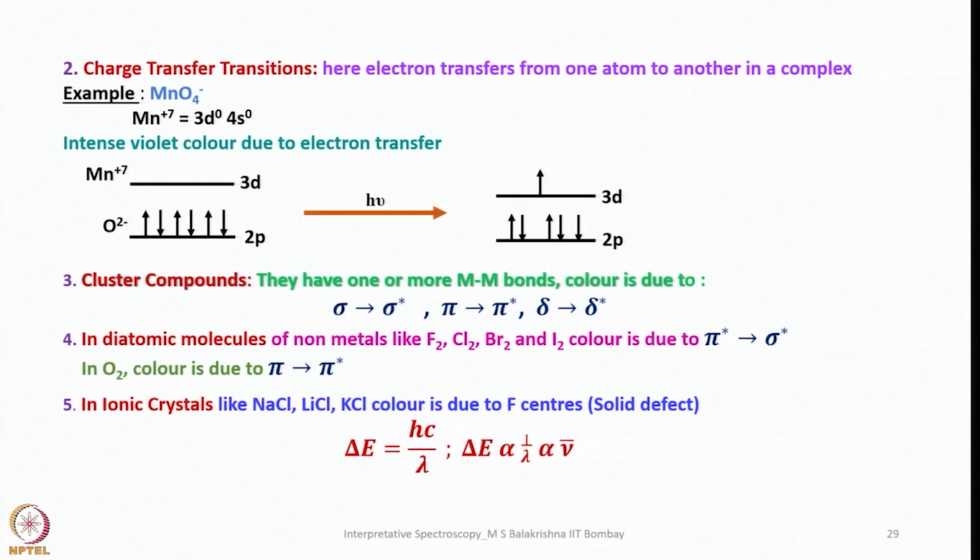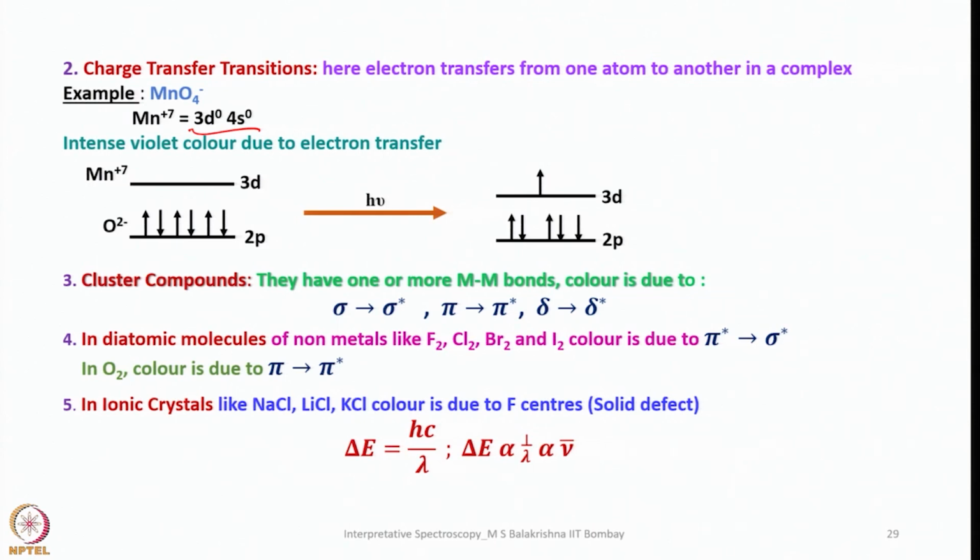So 3d0 and 4s0. So if this compound, potassium permanganate, is intensely colored, you can rule out d-d transition, because we don't have any electrons for d-d transition. That means the intense violet color may be due to some other electronic transition. How can an electronic transition happen? Probably oxygen's lone pairs will give electrons to the metal's empty orbitals.